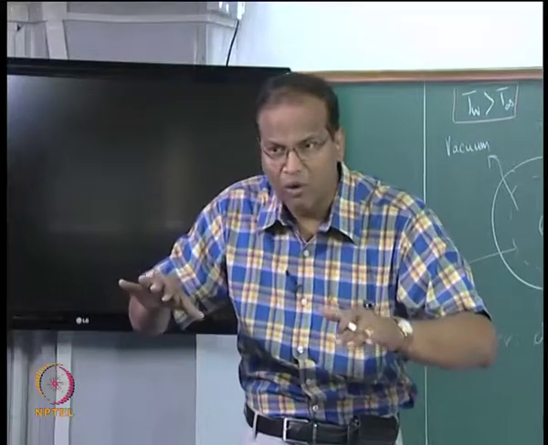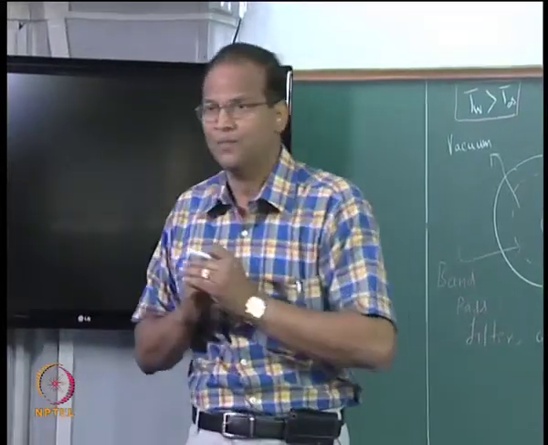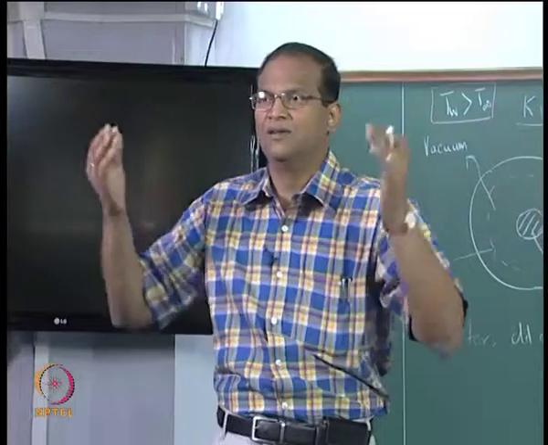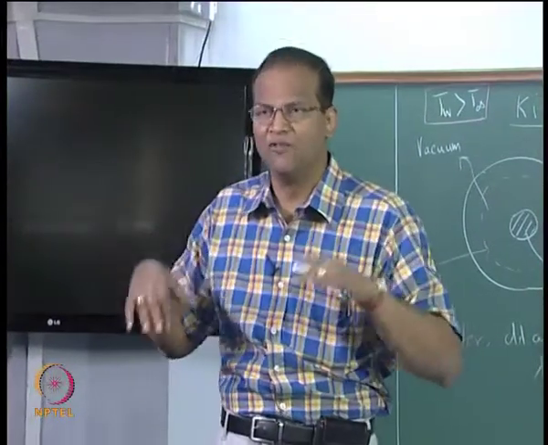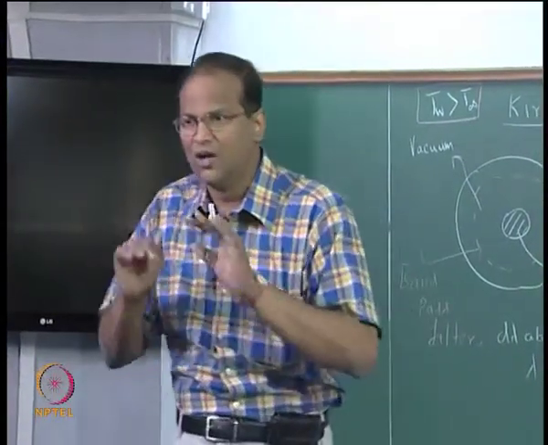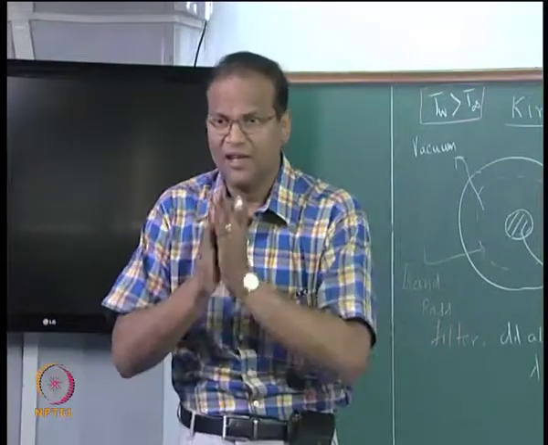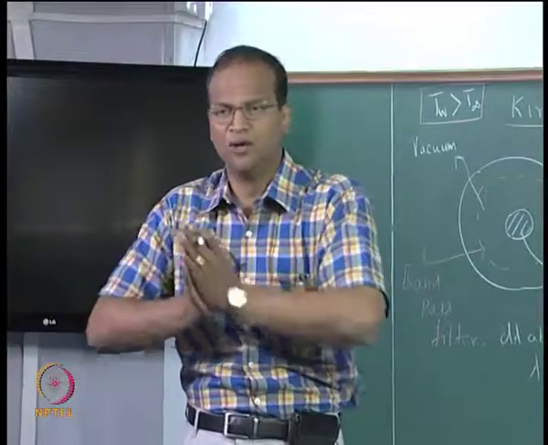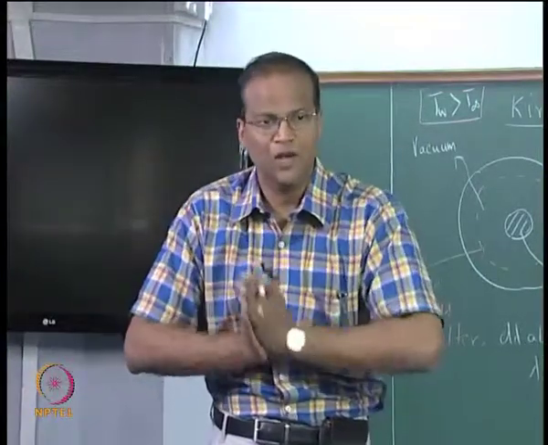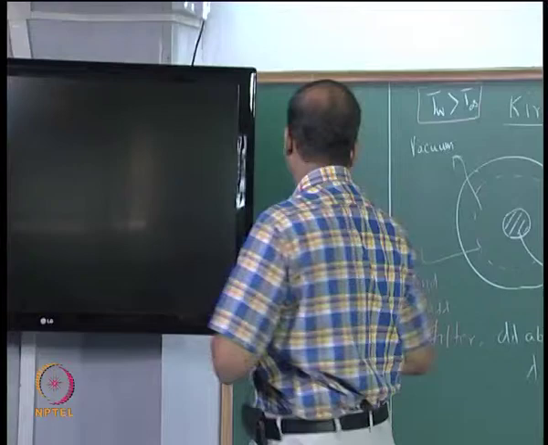At the same time the body is also in equilibrium with the surroundings, therefore it must absorb the same amount of radiation. Upon equilibrium whatever is emitted must be equal to whatever is absorbed. Therefore if you apply the first law of thermodynamics for this body which is in equilibrium with the surroundings, the following thing holds.